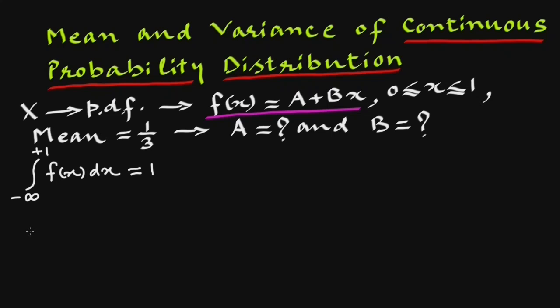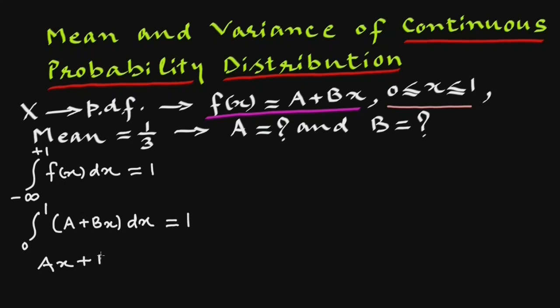That will be the integral from 0 to 1, which is the domain, of (a plus bx) dx equals 1. It will be ax plus bx square upon 2 from 0 to 1 equals 1, which will be a into 1, a, plus b into 1 square upon 2, that will be b upon 2, equals 1.